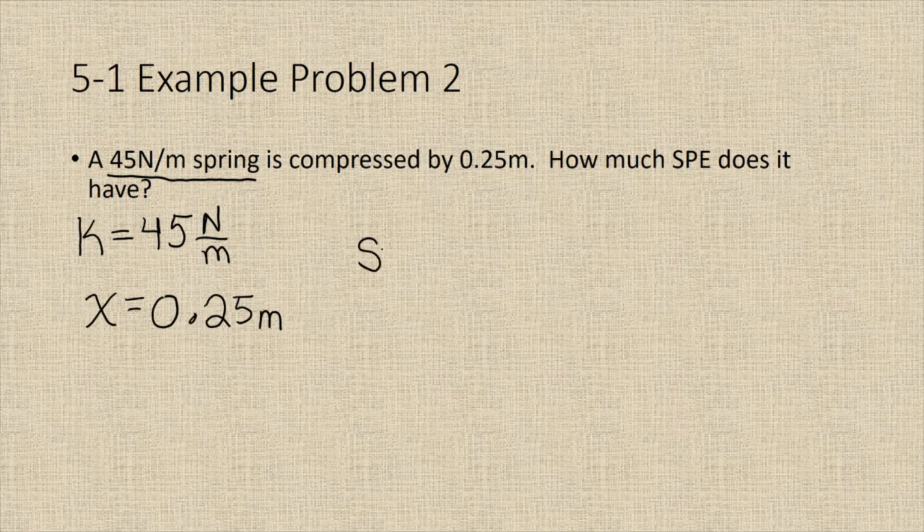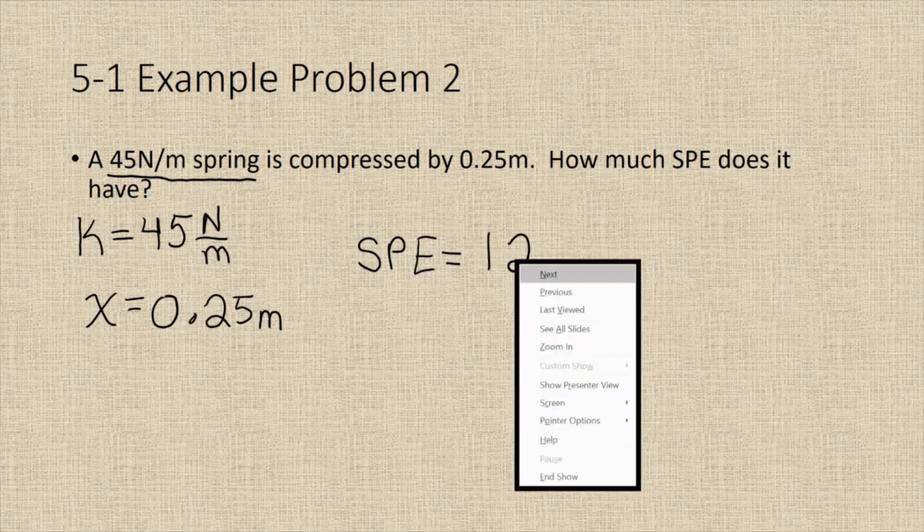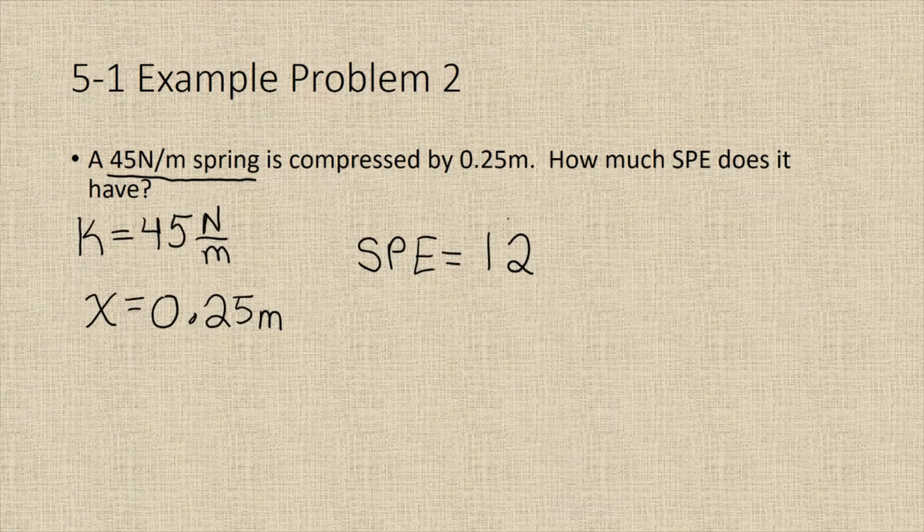And so we just have to plug and chug. Our spring potential energy formula is 1/2 kx squared.